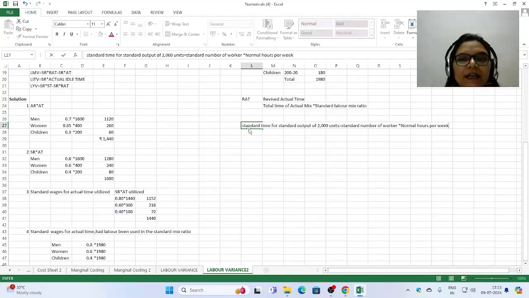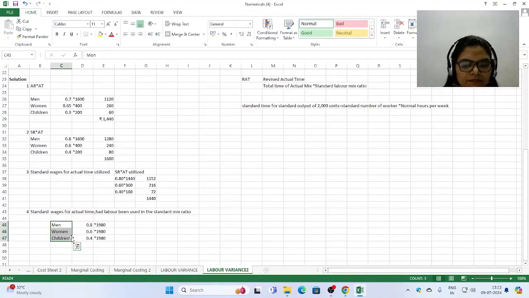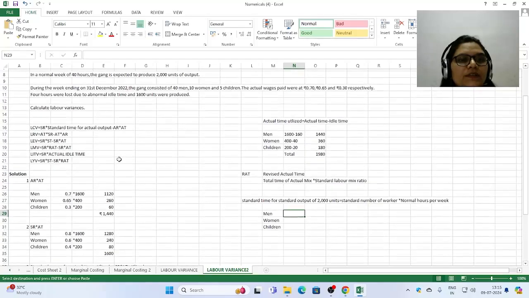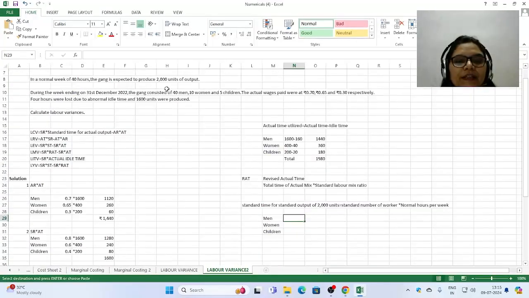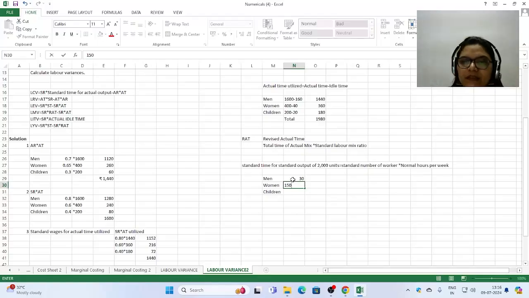So standard time we will again calculate. Standard number of workers we have been given in the question: 30, 15, and 10.